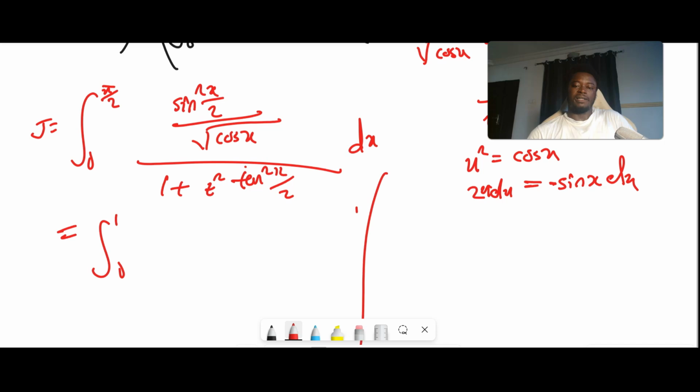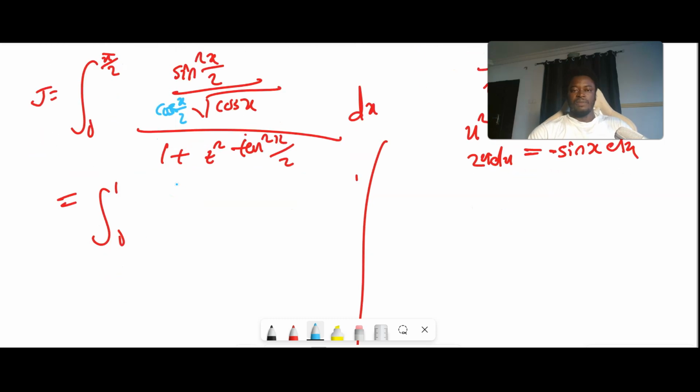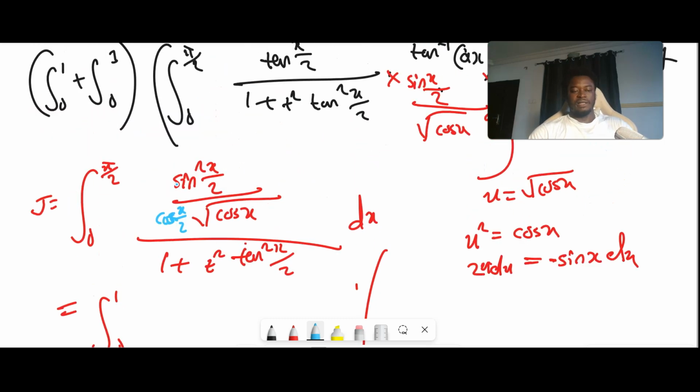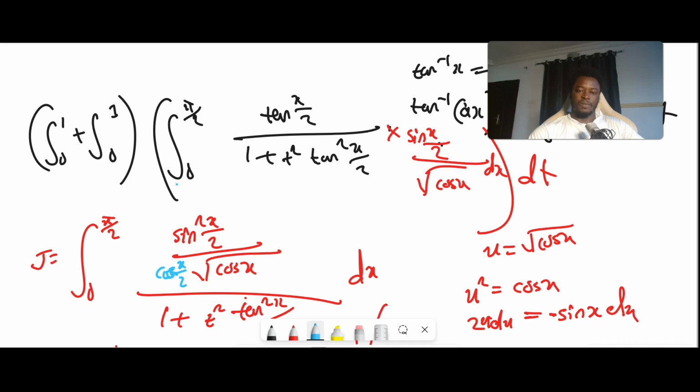On this part here, let's simplify things now. Sine squared of x over 2, okay, wait, we have an extra cosine of x over 2 here. Let's go up and see.